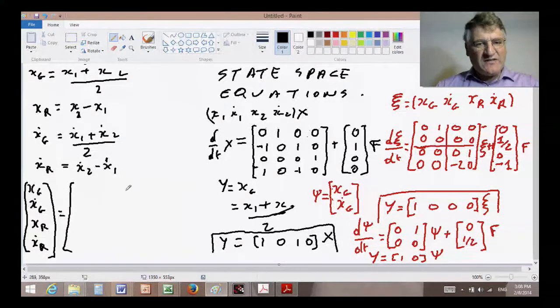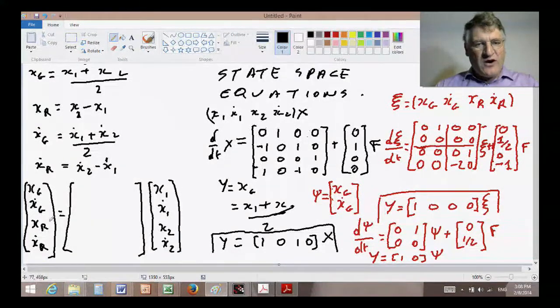To be more precise, I am going to populate the entries of this matrix, and I'm going to recall that the vector I care about at the outset is x1, x1 dot, x2, x2 dot. Therefore, at the output I will have xi, and at the input, I have x.